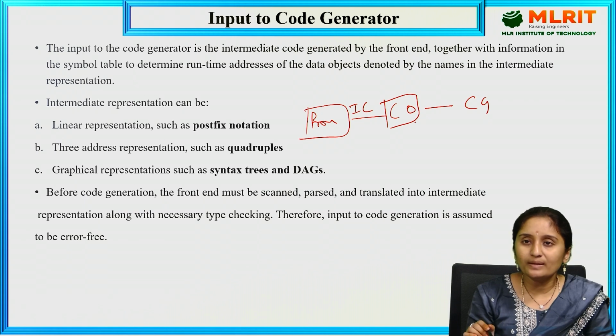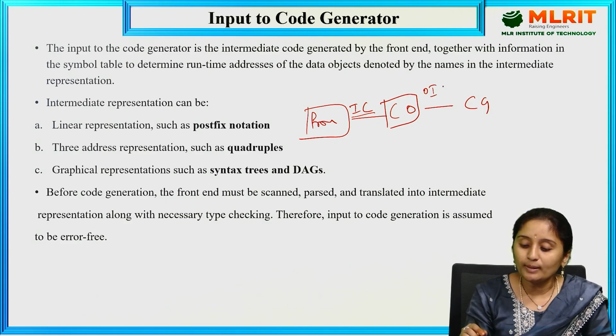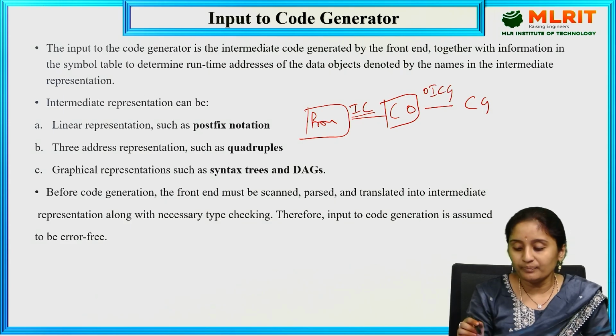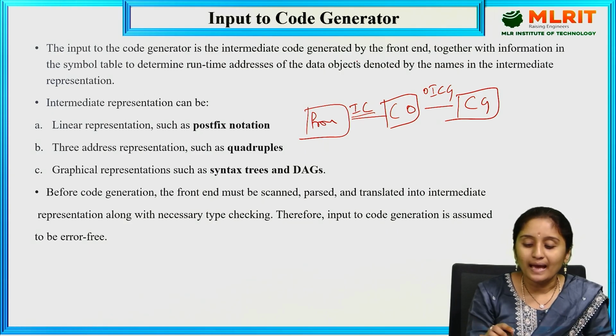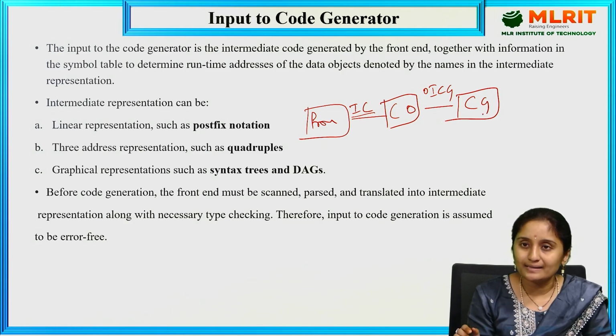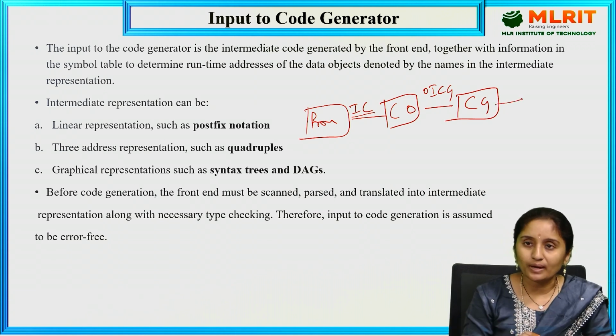The code optimizer reduces the number of lines of the intermediate code generated by the front end, that is, it optimizes it, and generates optimized intermediate code as output. This optimized intermediate code is given as input to the code generator, and it generates the target program as the output.